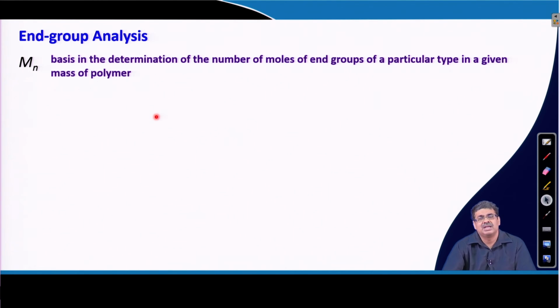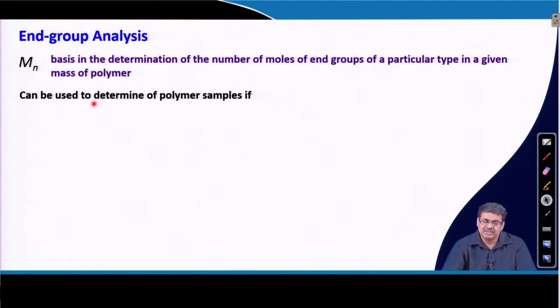So, we know how much polymer by weight we can take in a solution, and if we know the number of moles of ends present in this polymer sample, then we can get the value of Mn, provided we know the number of ends present in a polymer chain.